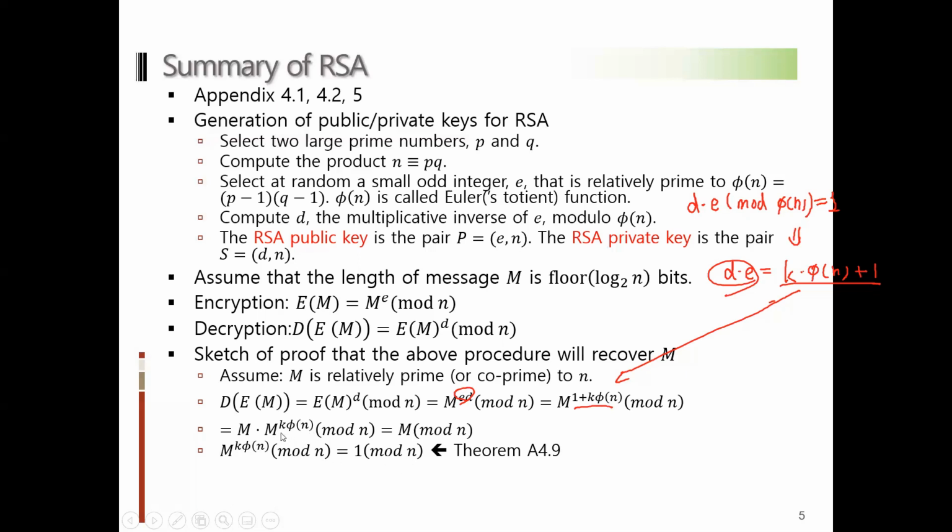So this factor actually does not do anything. What you eventually end up with is only M mod N, and because N is larger than M, this value will be M. That's how you can prove that the entire RSA encryption and decryption works for any arbitrary M.